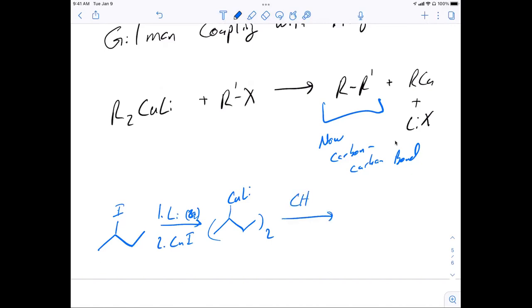And then I could add another halide. So if I can make a halide out of something, I can do this reaction.